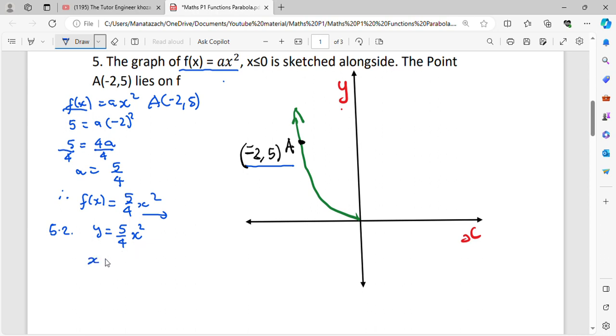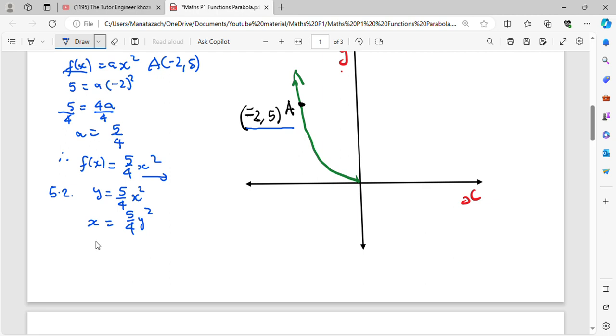Here you'll have x instead of y, and then instead of x you'll put a y, and then you start solving for y from here. So you'll multiply by 4/5 both sides of the equation. It will give us y squared is equal to 4x/5. Then to solve for y, you put a square root sign on both sides.